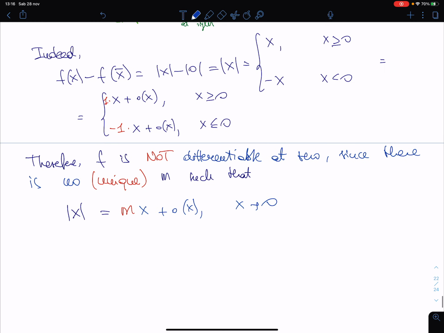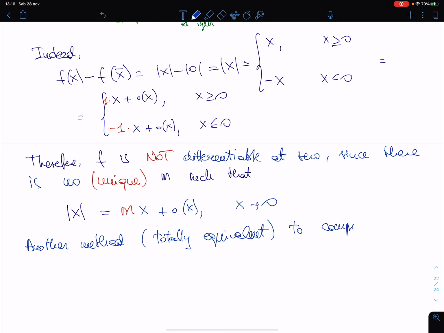And another method in general, more popular, you probably already know that, another method to compute derivatives, totally equivalent, just a matter of language, is the so-called limit of incremental ratio.